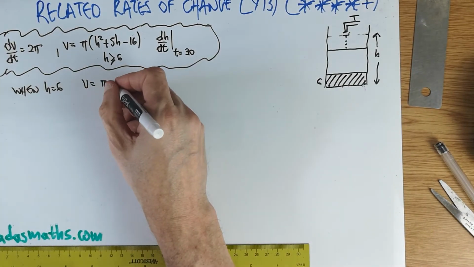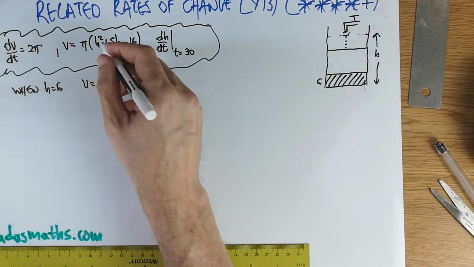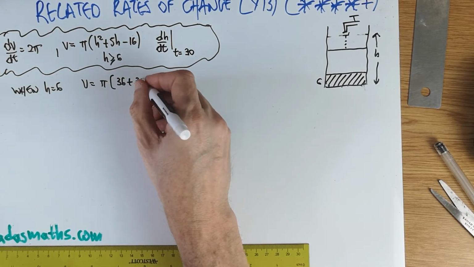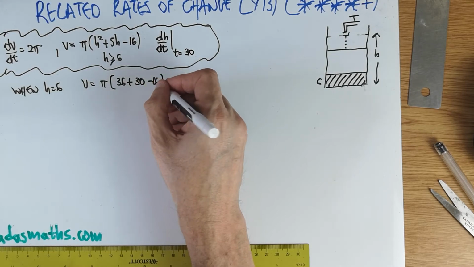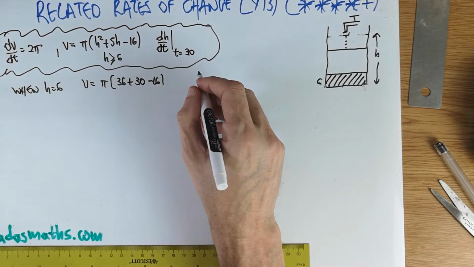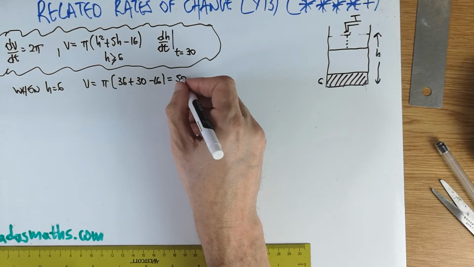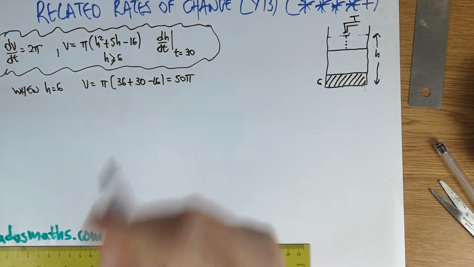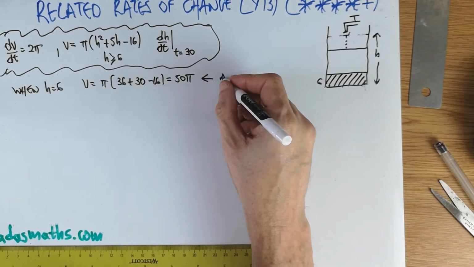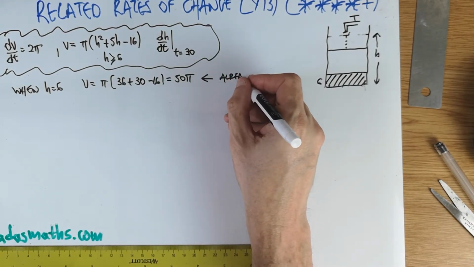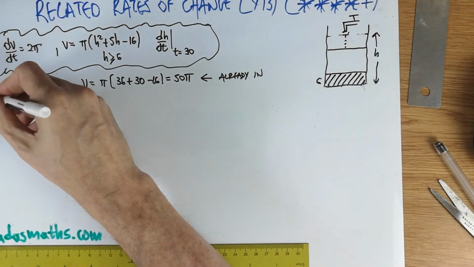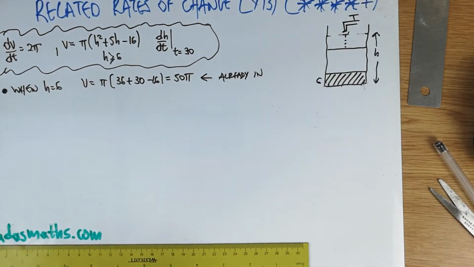So V is pi times, plugging it in just to see how much water was there to start with, 30 plus 36 minus 16, 30, 66, 50 pi. I like the number because it's a nice number. So that's the first consideration.